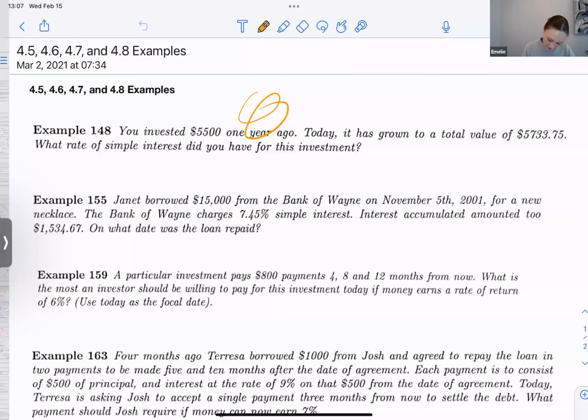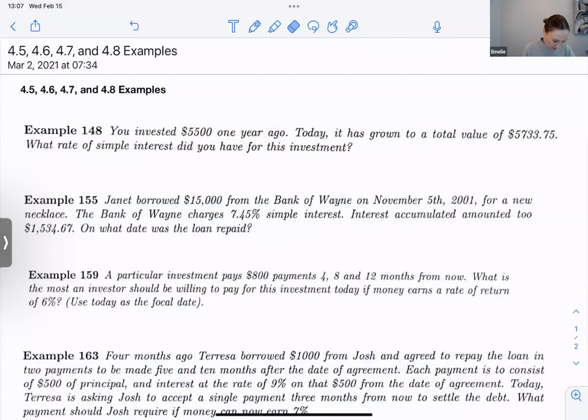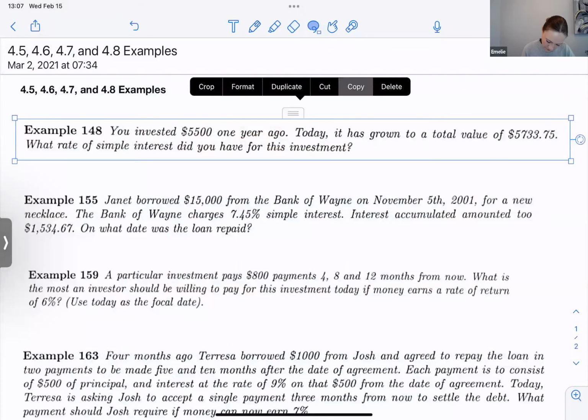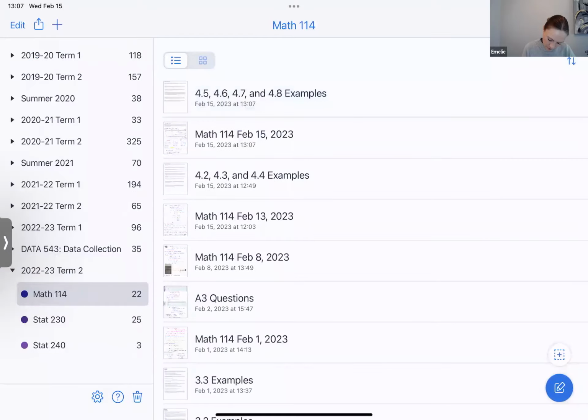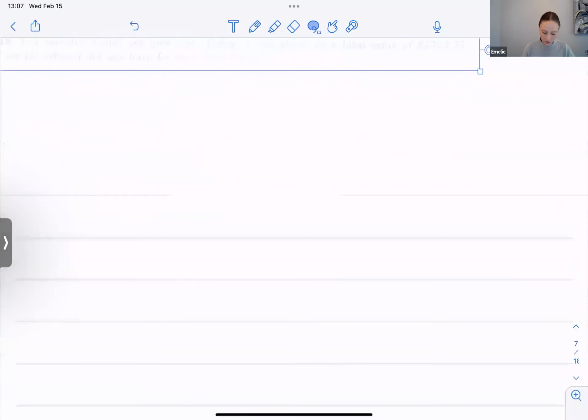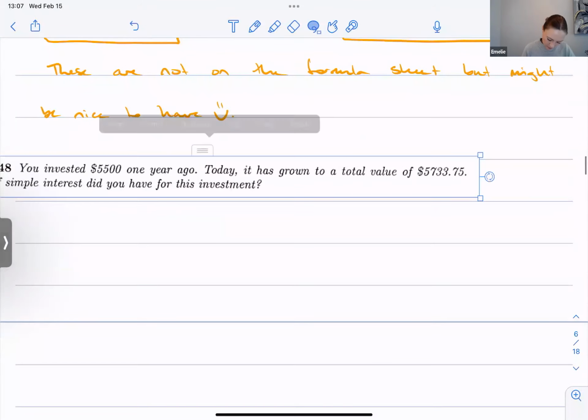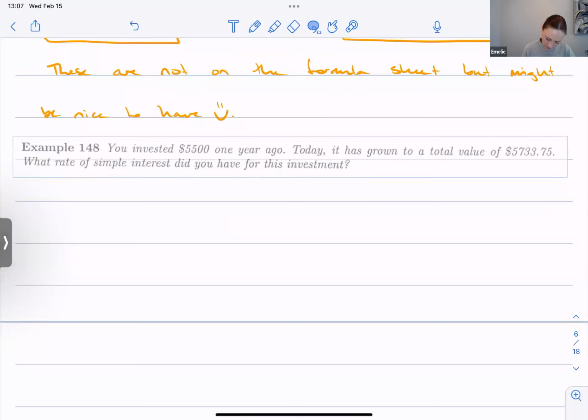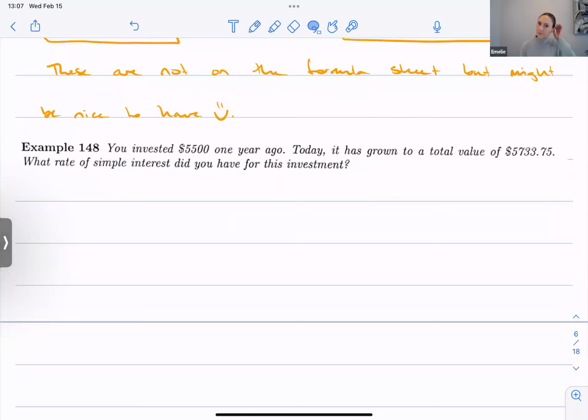So I don't have to scroll around so much. Let's see here. Thinking. Okay.